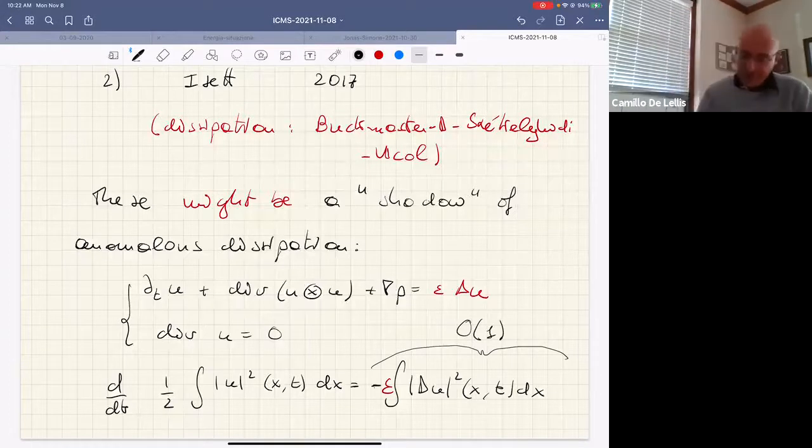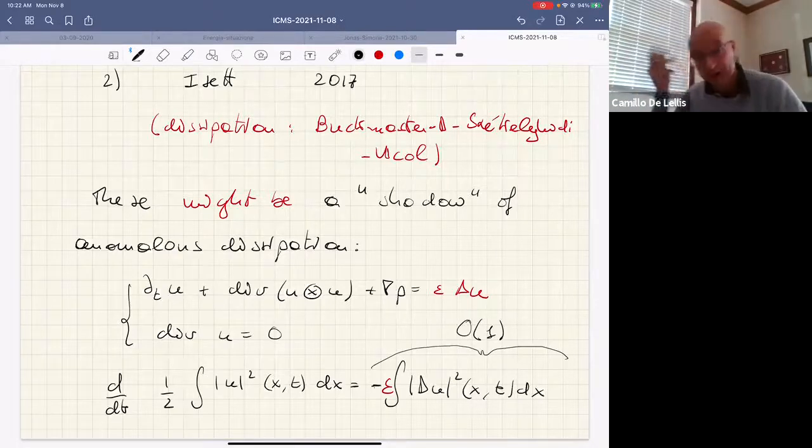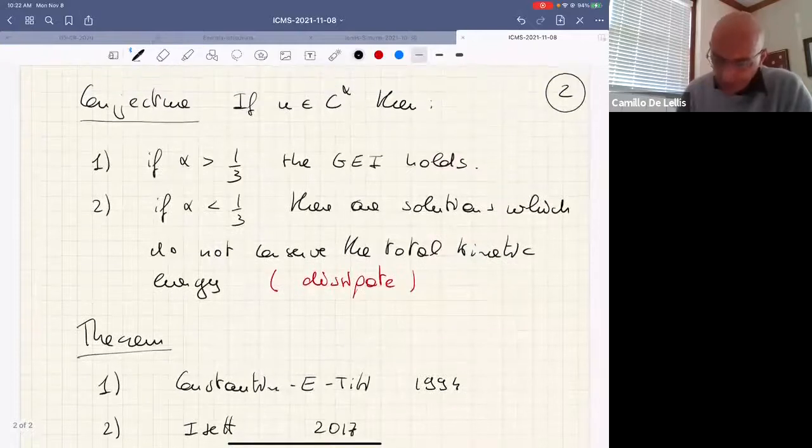And of course, if this happens, you might wonder, if I take a sequence of solutions to the Navier-Stokes equations which are actually smooth, but I let the viscosity go to zero, if I have a uniform bound on the rate of dissipation, in the limit I'm either not converging to something, or if I am converging to something, in particular to a solution of the Euler equation, this solution of the Euler equation should be dissipative.